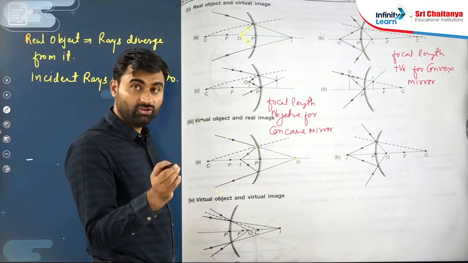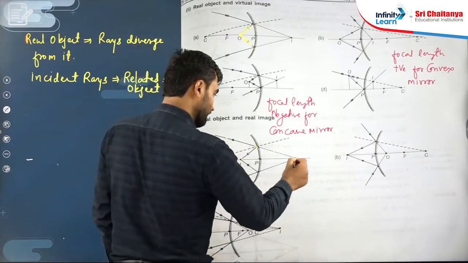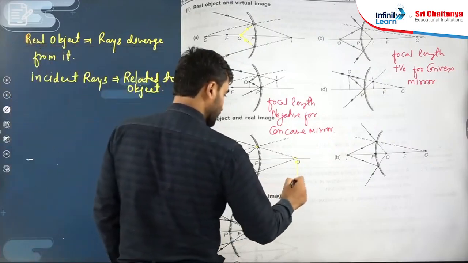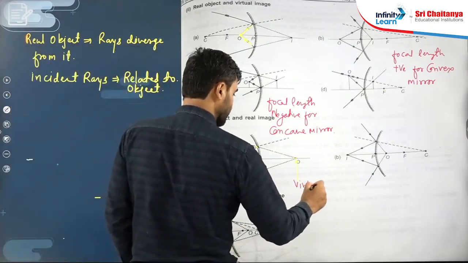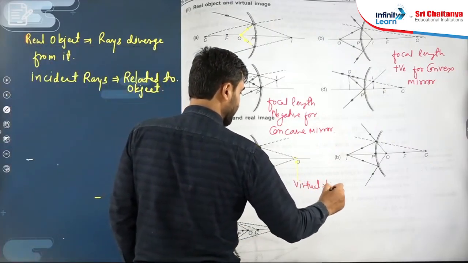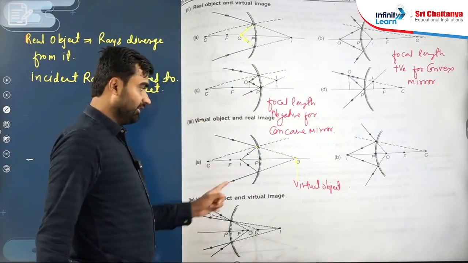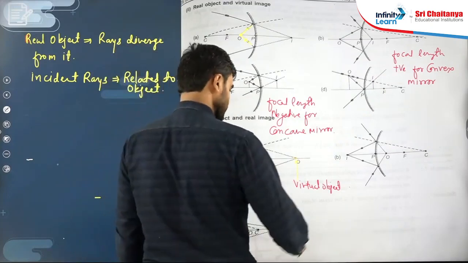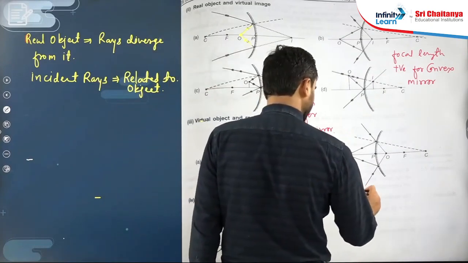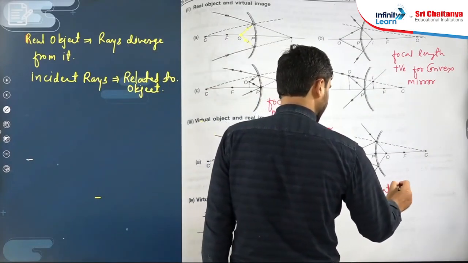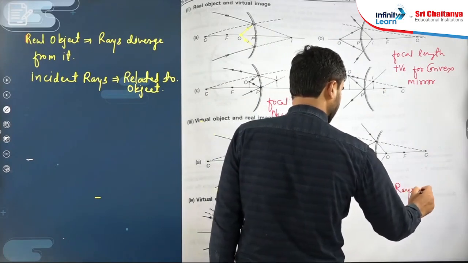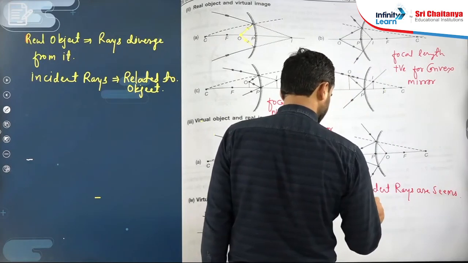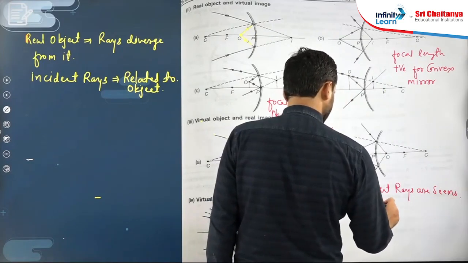That point is the virtual object. So this is the position of the virtual object. So what is the definition of virtual object? Incident rays seem to meet. The virtual object definition is: incident rays seem to meet.